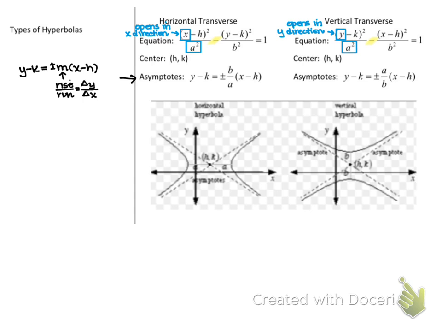So if I take a look back here, in my very first equation, who's underneath y is the b squared, which means my slope is going to be the change in y over the change in x. Underneath the y is the b. Underneath the x, or the run, is the a. So there's my slope. Make sure that you square root them.